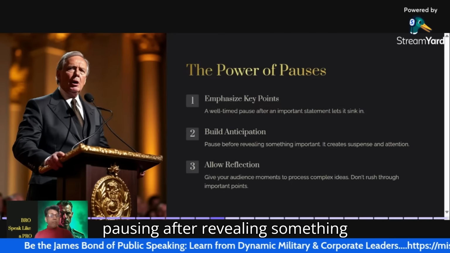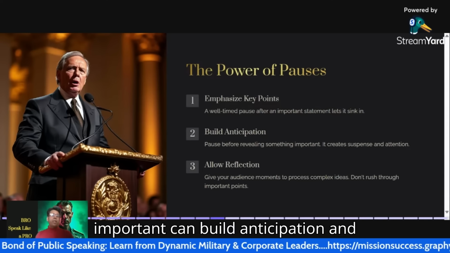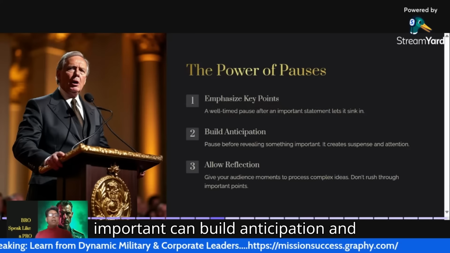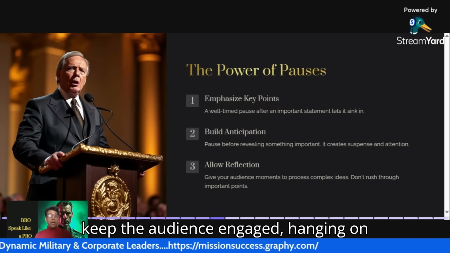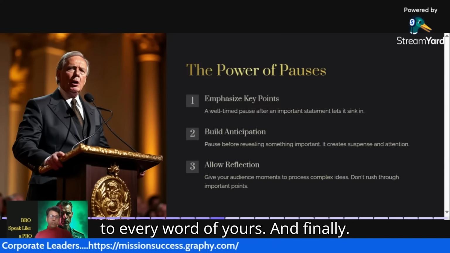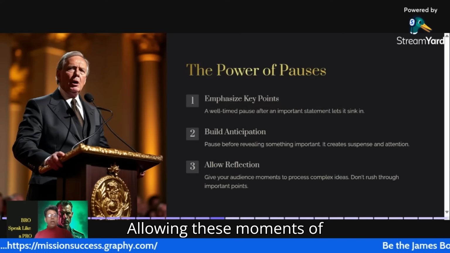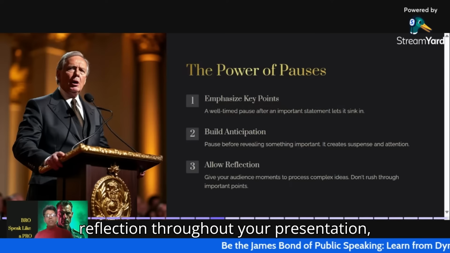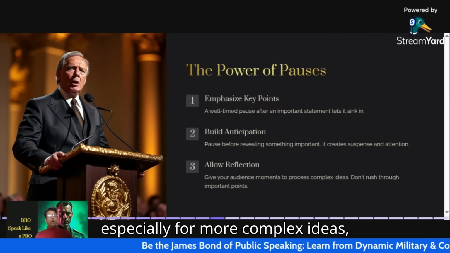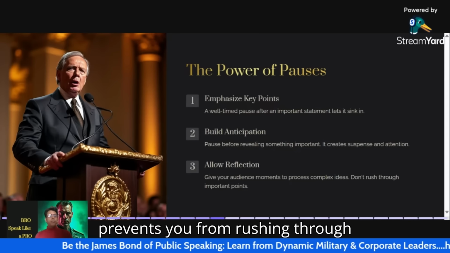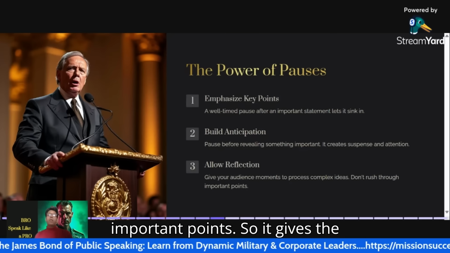Next, pausing after revealing something important can build anticipation and keep the audience engaged, hanging on to every word of yours. And finally, allowing these moments of reflection throughout your presentation, especially for more complex ideas, prevents you from rushing through important points.